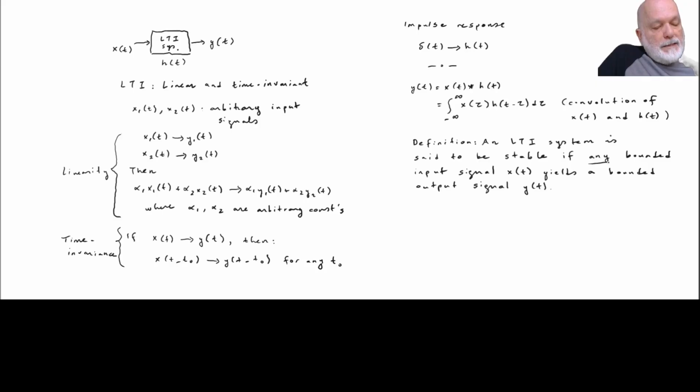This word any is important. So x of t is arbitrary. It can be any input signal which is bounded, which is chosen as a bounded signal, and this input signal must yield a bounded output signal.